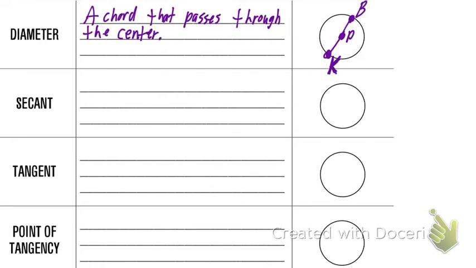Now, what do we know about the diameter as far as its length goes? It's the whole length. But what is it compared to the radius? Double. It's double the radius, right? It's 2 times the radius.